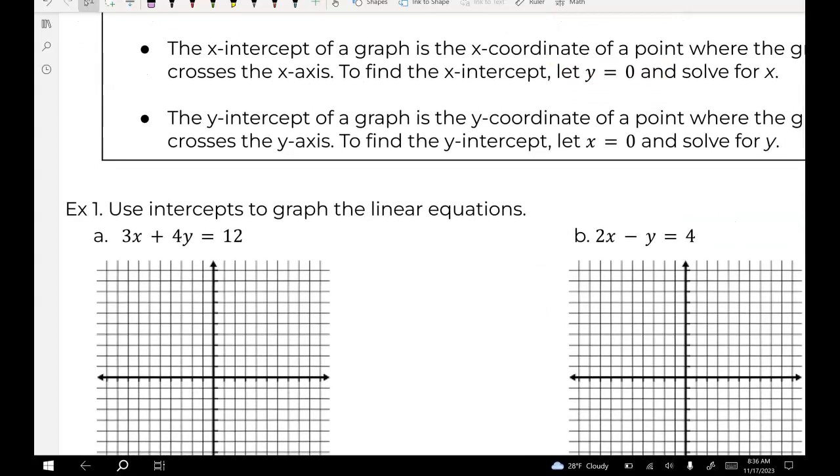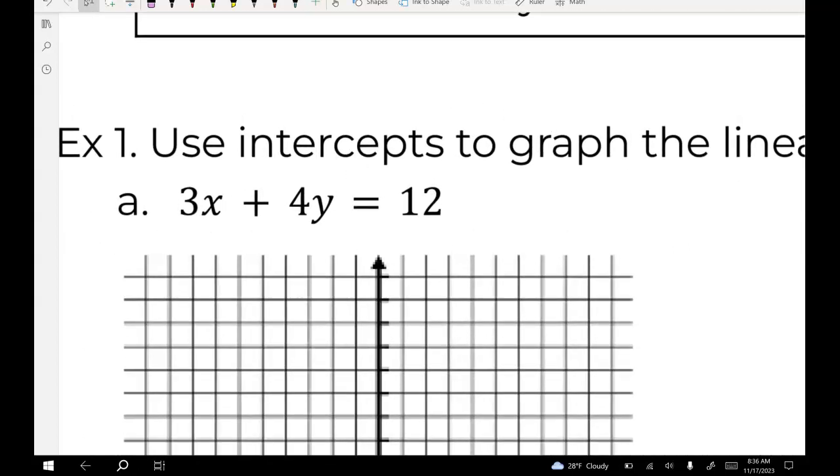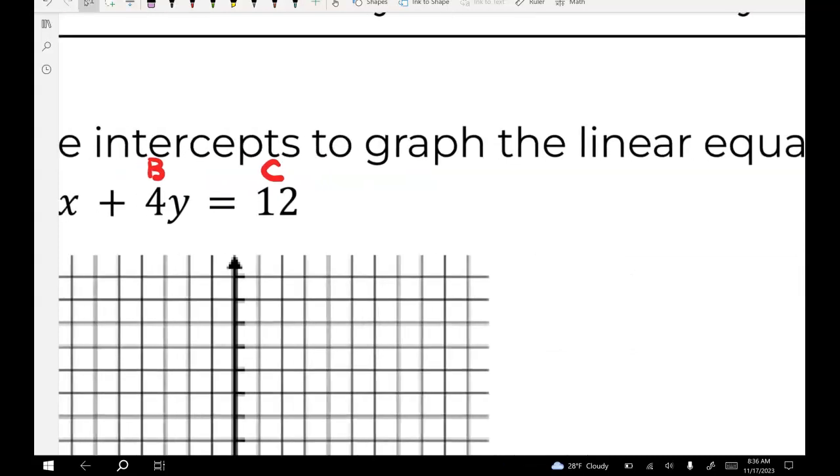So for the first example, example 1a, 3x plus 4y is equal to 12. That's our standard form here, where 3 is our A, this is our B, and this is our C. Again, all those just stand for numbers. And this is going to take two steps, and then we're just going to have to graph it. First step you're always going to do is plug in, or I learned yesterday that some of you prefer the word substitute.